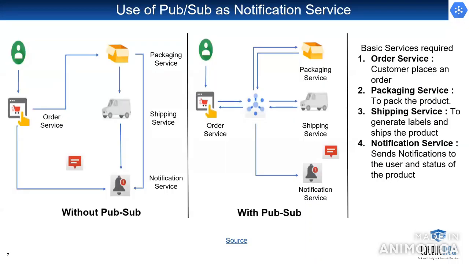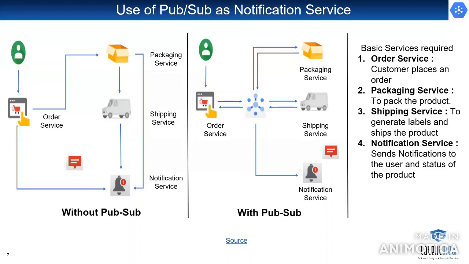Moving on, we'll see the use cases of PubSub. As we have learned by now, PubSub is used primarily for two uses. One, for message-oriented middleware, where it can act as a notification service, and two, for streaming data into dataflow pipelines. On the left, we can see a traditional notification service system.